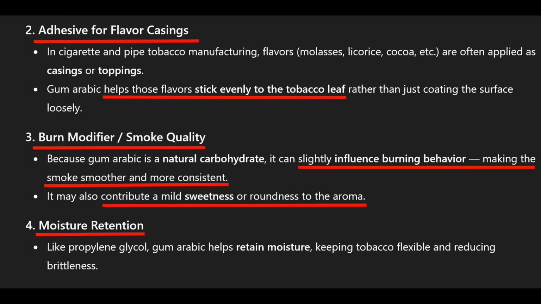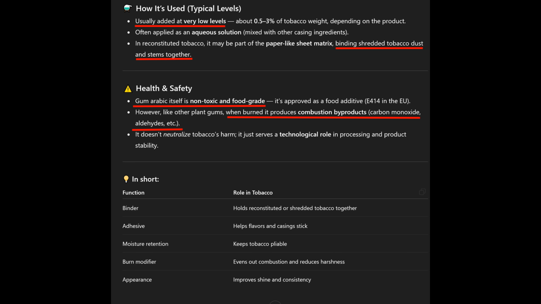It can slightly influence burning behavior, making the smoke smoother and more consistent. It may also contribute a mild sweetness or roundness to the aroma. Moisture retention, again, like many other additives. And let's see how it's used.